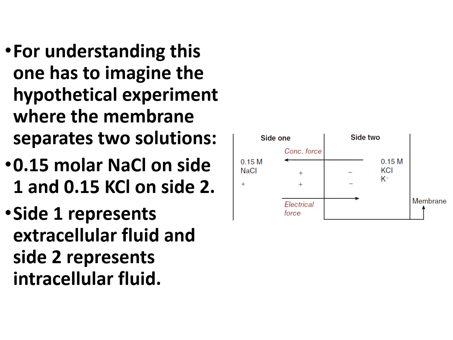To understand this, imagine a hypothetical experiment where a membrane separates two solutions: 0.15 molar sodium chloride on side 1 and 0.15 molar potassium chloride on side 2. Side 1 represents extracellular fluid and side 2 represents intracellular fluid.